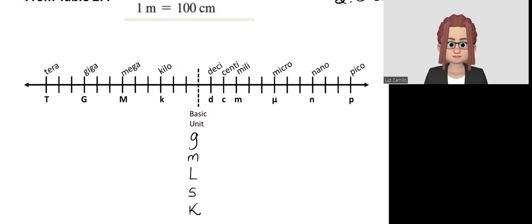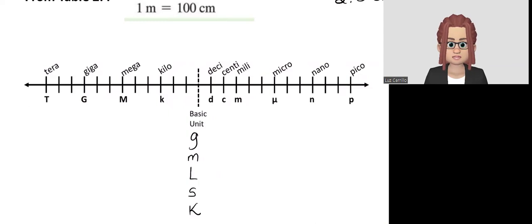Well, you don't see the unit of meters, specifically here, written from left to right. M here stands for milli, not for meters. Meters is a basic unit. And as you can see, any basic unit lives right here, right in the middle of this number line.